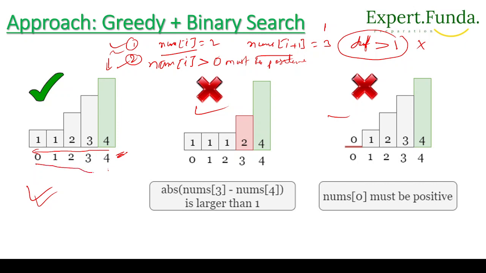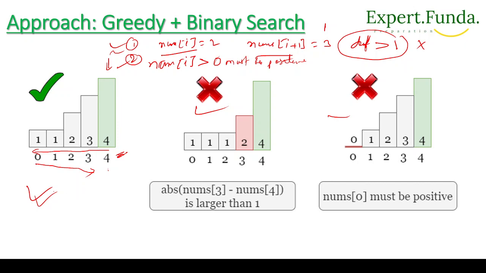Similarly, the numbers to its right decrease one by one from the left to right until they reach 1. Okay, so we can follow either this way or this way, until we reach 1; on the left side the numbers should decrease, right.